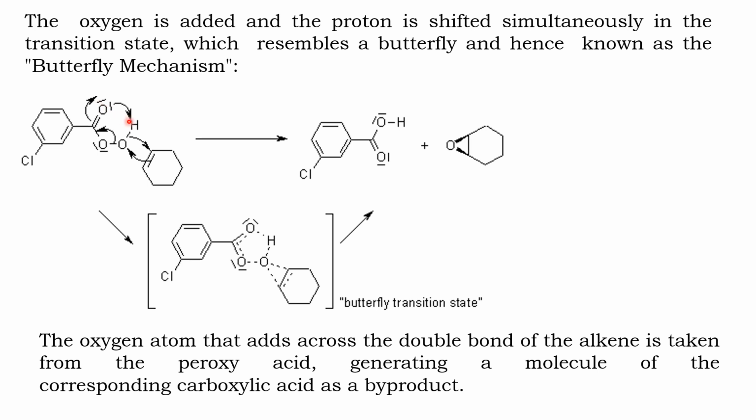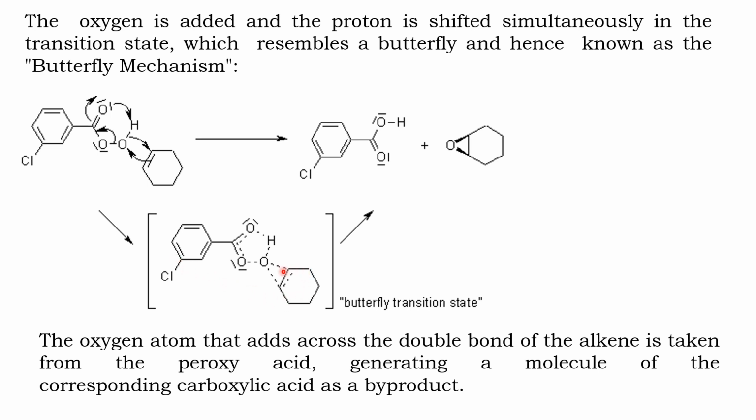When this oxygen and hydrogen form an intramolecular hydrogen bond, naturally the polarization of the oxygen-hydrogen bond increases. As a result, this oxygen gets attached to the double bond carbon, that is the alkenic bond. As a result, see here, a butterfly-like structure is formed.